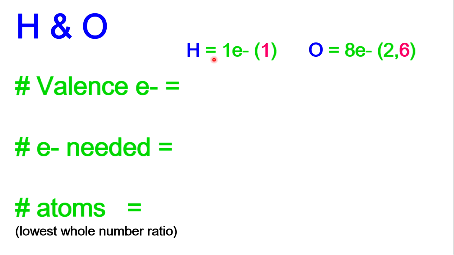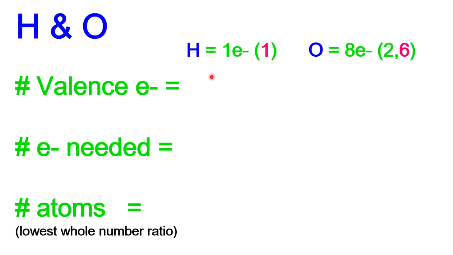To achieve a full or stable shell, there can only be 2 electrons on that shell. Oxygen has 8 electrons. Therefore, the electron configuration is 2 and 6, which means the valence electrons are 6.